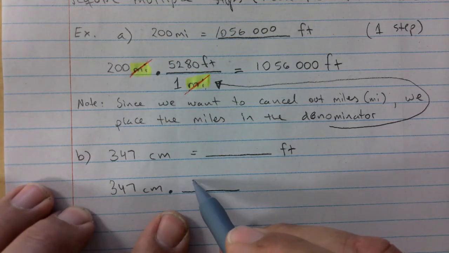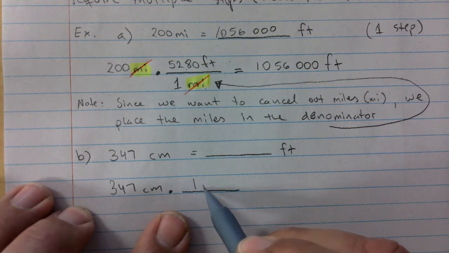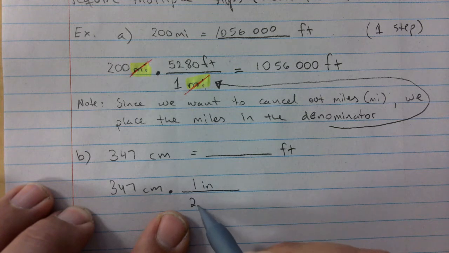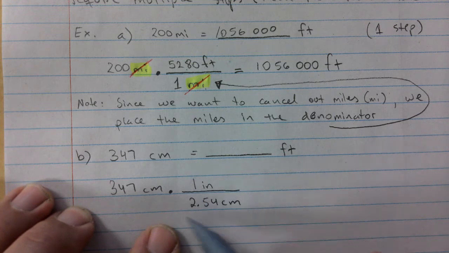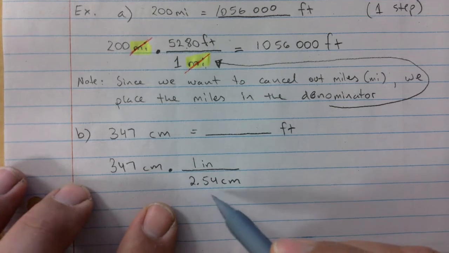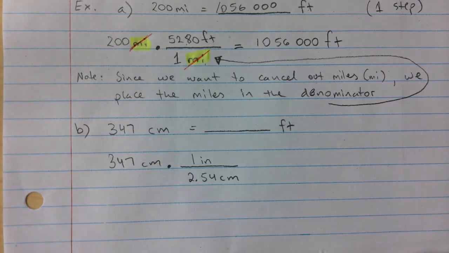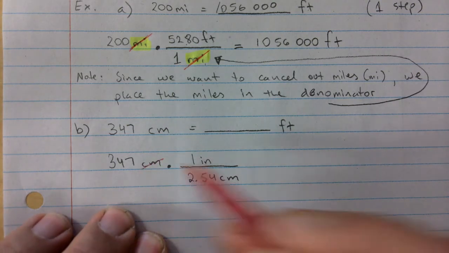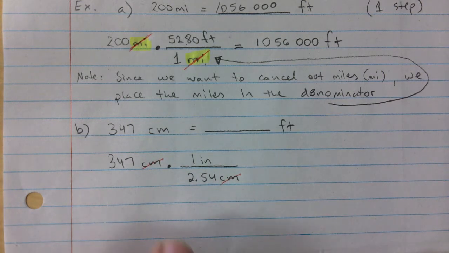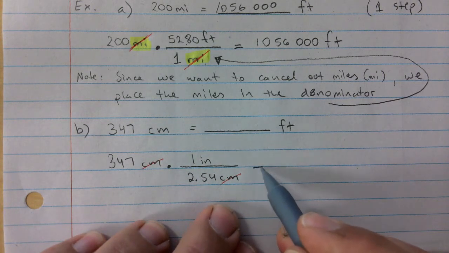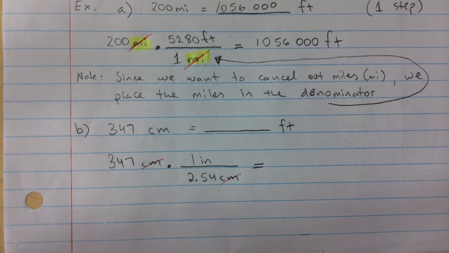I'm going to put down 1 inch has 2.54 centimeters. And this is correct, because this is actually talking about the same distance in different units. But that allows you to cancel out the centimeters here. And then you're left with, and I'm going to highlight it as well.